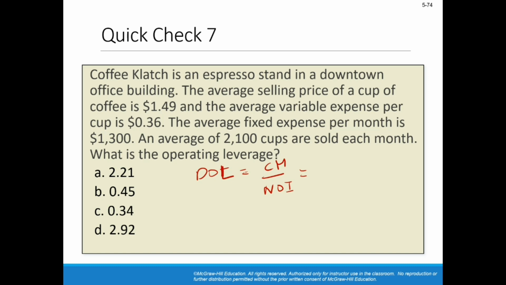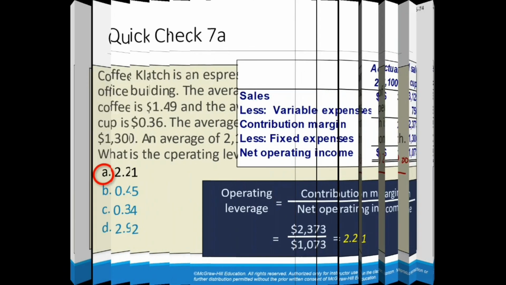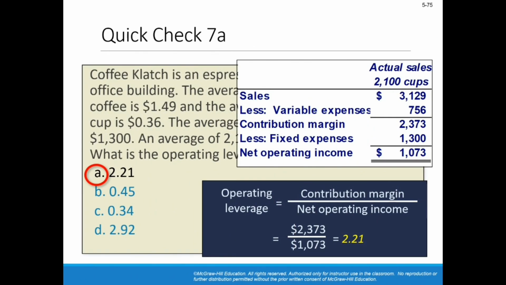The CM is simply 1.49 minus 0.36 multiplied by quantity, which is the 2,100 units, divided by the net operating income, which we need to compute. And you can do the computation and get 2.21. So here they computed the net operating income for you and plugged it in the equation so that you can get the degree of operating leverage.